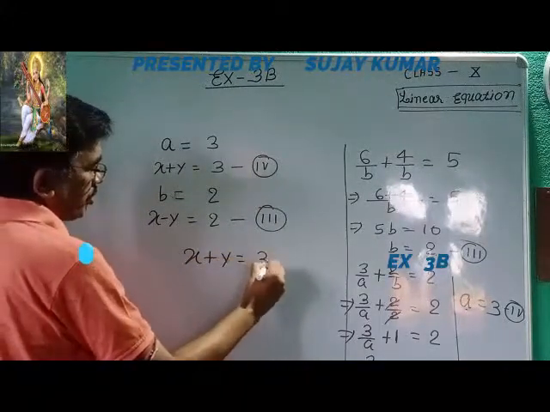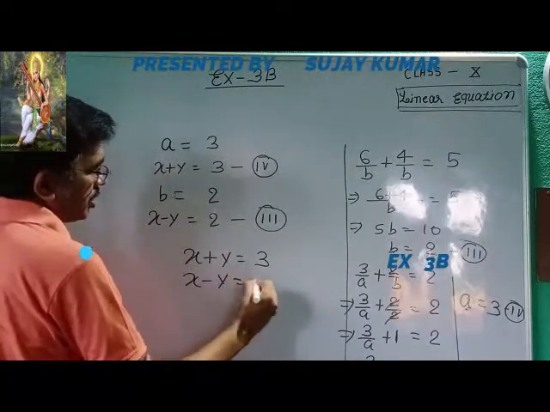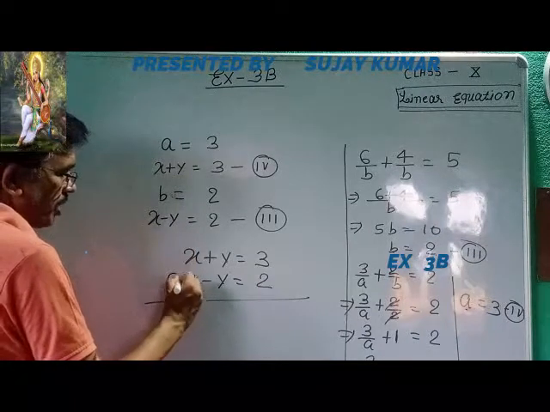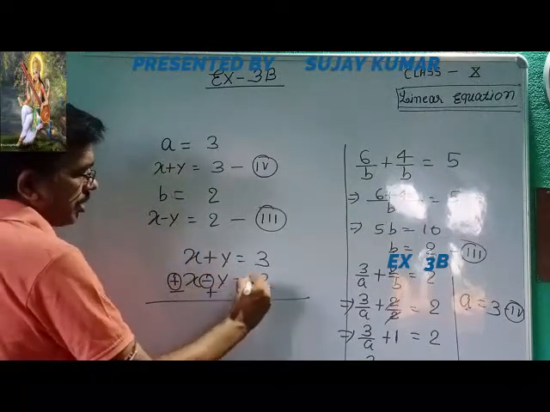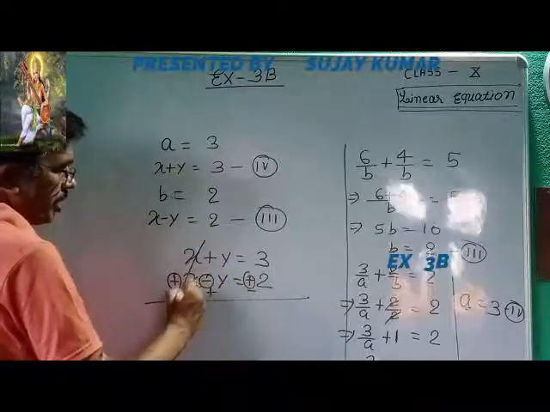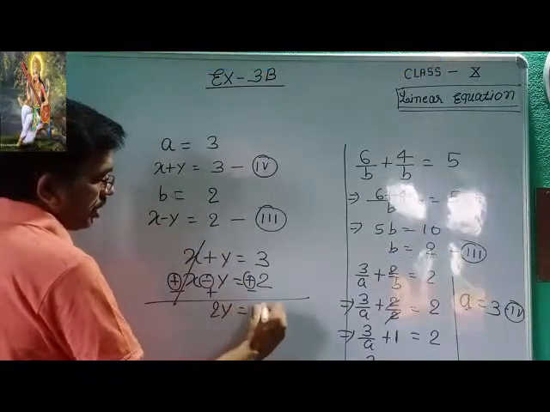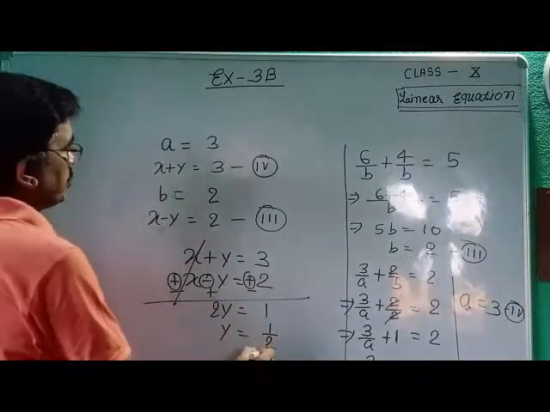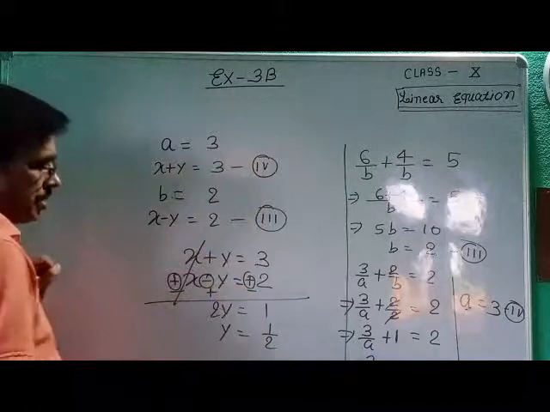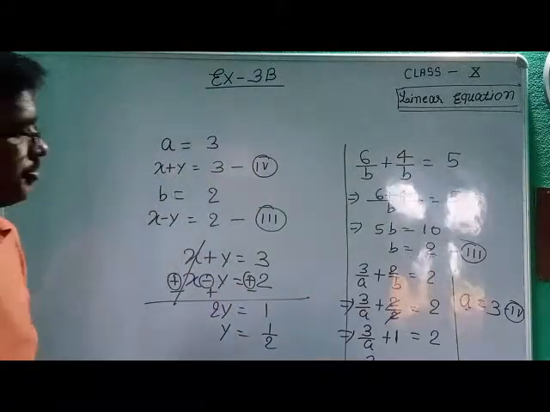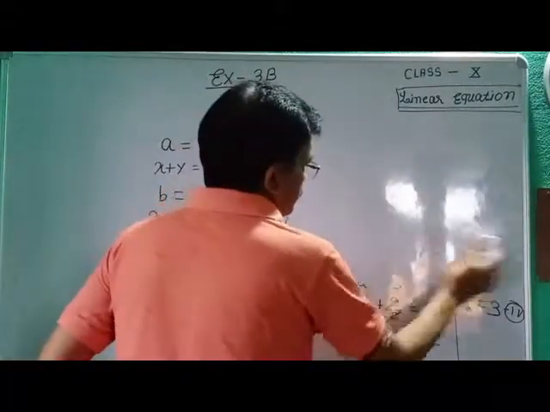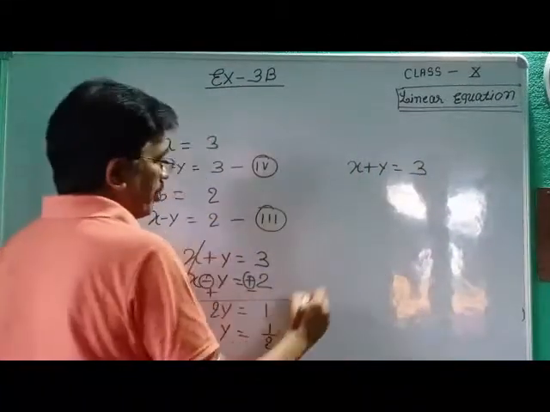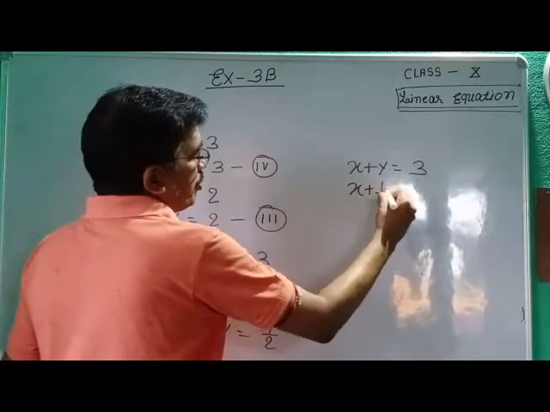x plus y is equal to 3 and x minus y is equal to 2. Both have the same coefficients, so no change is needed. Plus minus, minus plus, plus minus, then it cancels. 2y is equal to 1, then y is equal to 1 by 2. Now substitute the value in the first equation: x plus y is equal to 3 and y is equal to 1 by 2.